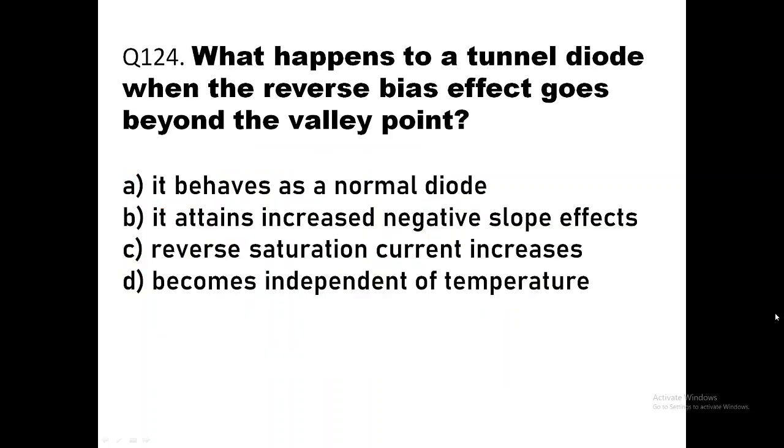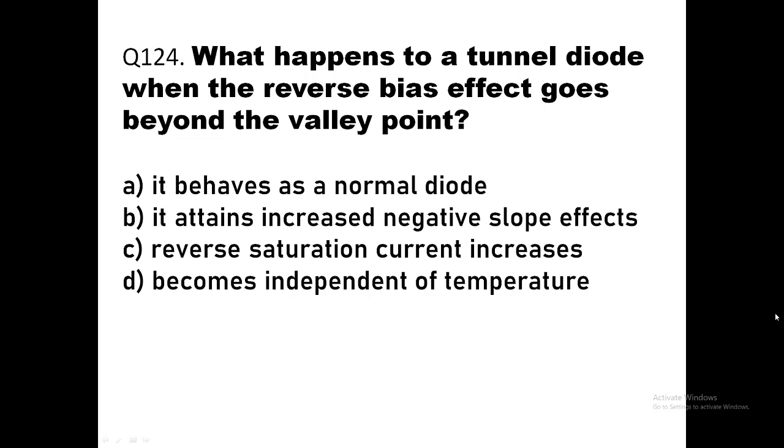Okay. Then we'll go to question number 124. What happens to a tunnel diode when the reverse bias effect goes beyond the valley point? Now for this you have to remember the characteristics of the tunnel diode, which you plot as voltage and current. Initially, as you increase the voltage, the current will increase and go to a peak point.